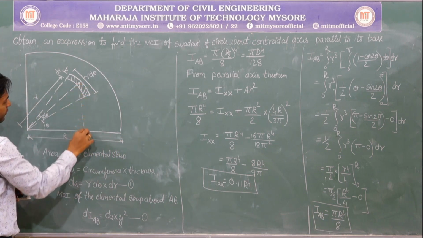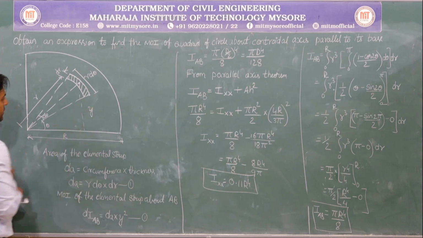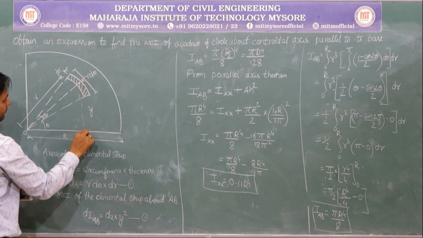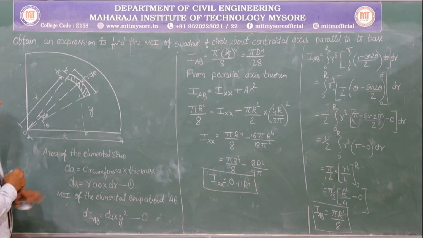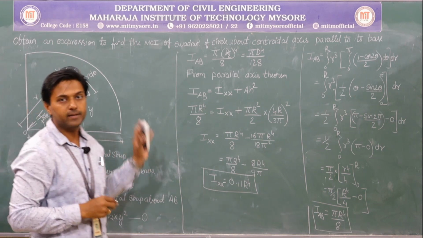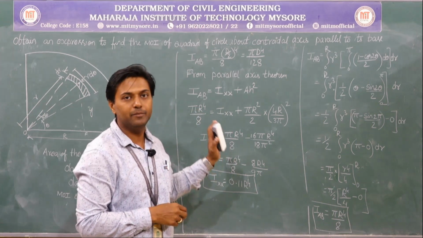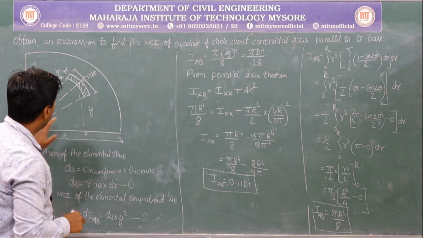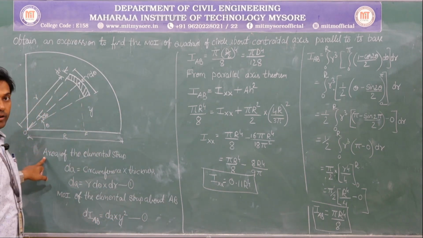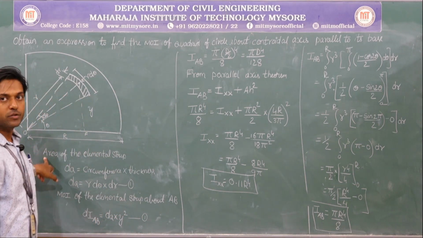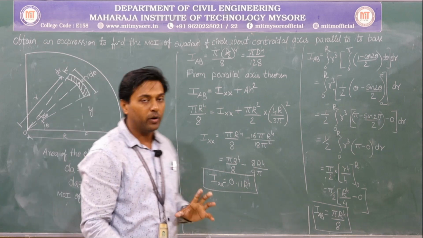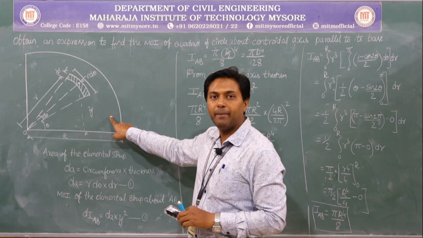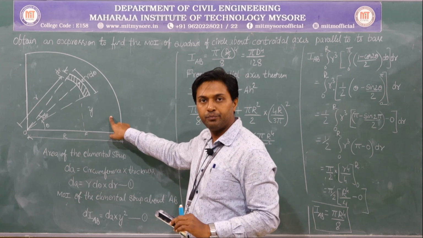So from here I will be dropping a line and I will be calling it as y. This point O, this is E, this is F. So don't you think the entire diagram is almost same as that of the semicircle. Okay, so now I want everyone to concentrate here. Consider a quadrant of area pi r square by 4.